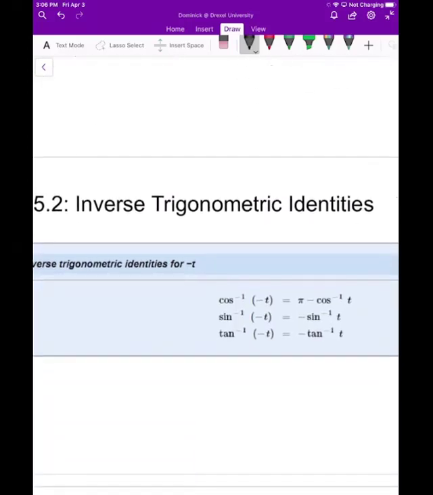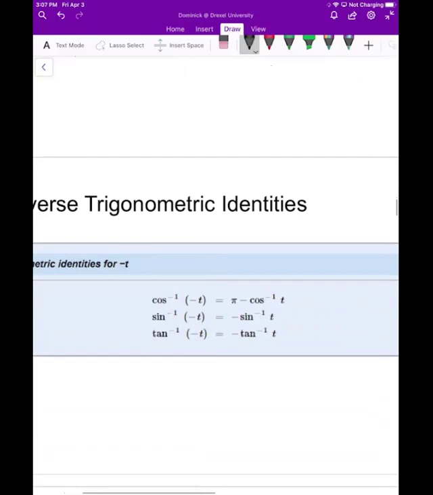Okay. Now let's talk about some of the inverse trig identities for negative inputs. So again, think about what the inverse trig functions are. The regular trig functions have an angle going in and a number between -1 and +1 coming out.